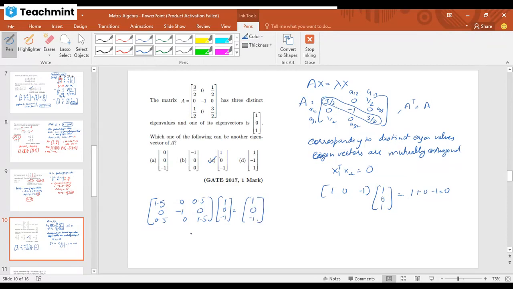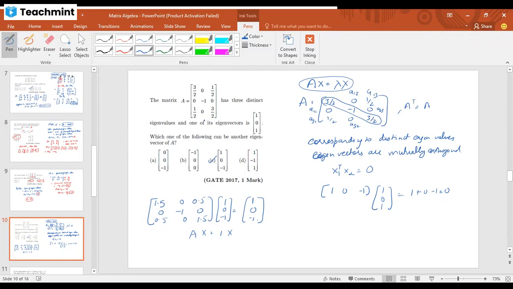So you can see here Ax is equal to 1 times x, so this is the eigenvector. You can use either property: the eigen equation Ax equals lambda x, that means when we multiply the eigenvector with the matrix A, it is a scalar multiple of the eigenvector, which means x is the eigenvector.